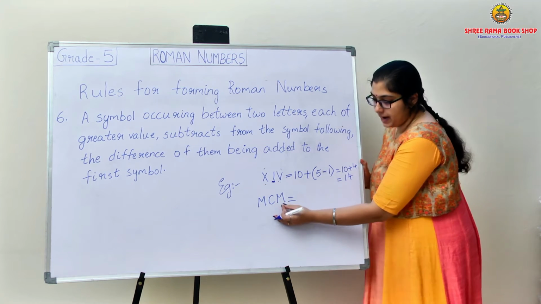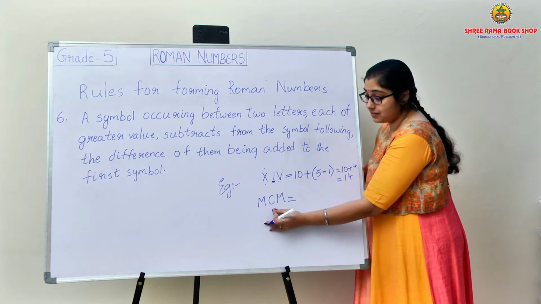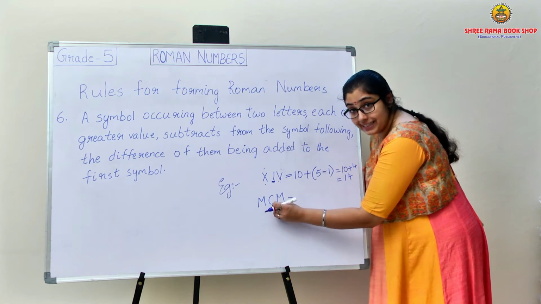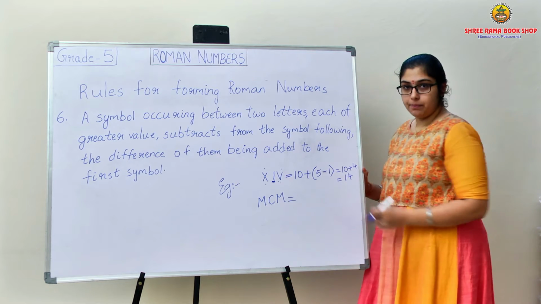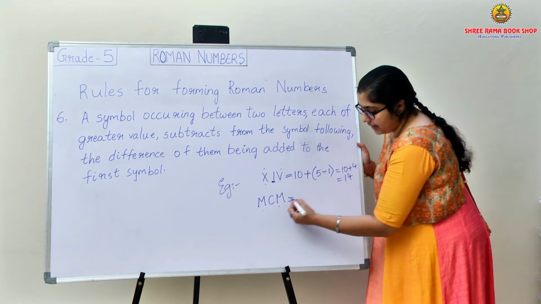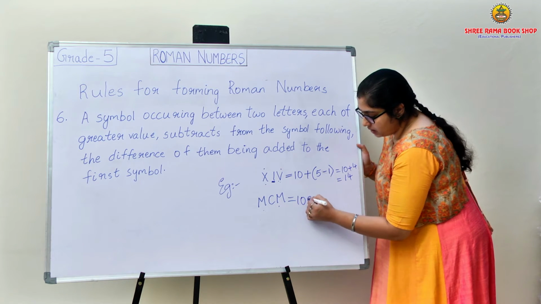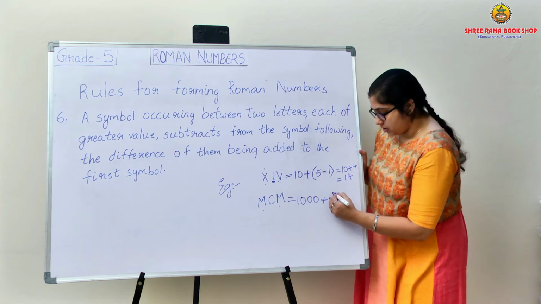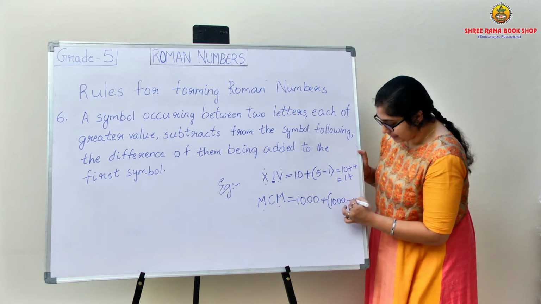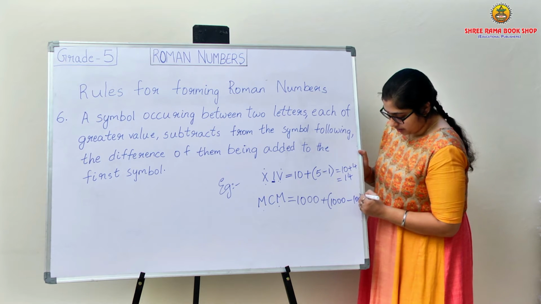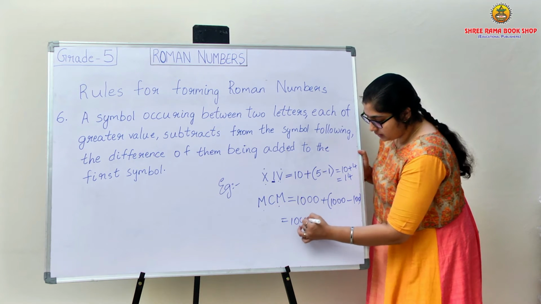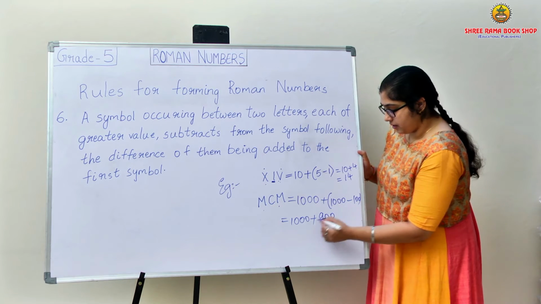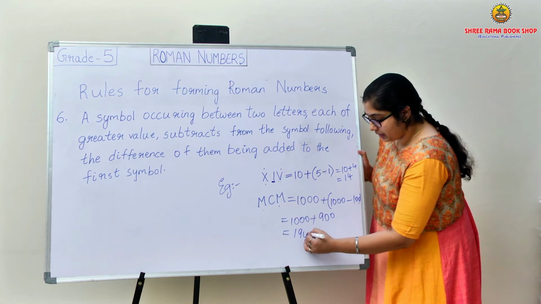So here M and M, even though both are greater symbols than the middle one, these are also equal. It can be equal also, but it should be greater than the middle one. So both are greater than the in-between symbol, right? So the first M is nothing but 1000, and we need to subtract C, which is 100, from the second. So 1000 plus 1000 minus 100 is 900, so it is 1900.